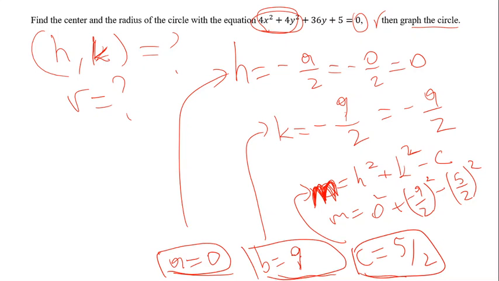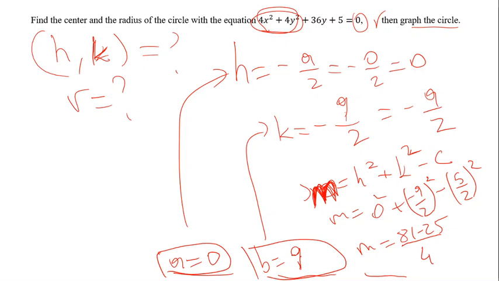So when you do this, you will end up with m equal to 81 minus 25 over 4. 81 minus 25 is, okay, not 60, it's 56 maybe.